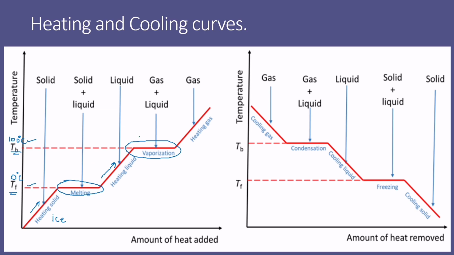You can reverse these changes, as you can see in the second graph, which is the cooling curve. So here the changes are reversed. Over here the gas cools down and loses energy. As its particles lose energy they move more slowly, and when they collide, they do not have enough energy to bounce back, so they get close together and form a liquid.